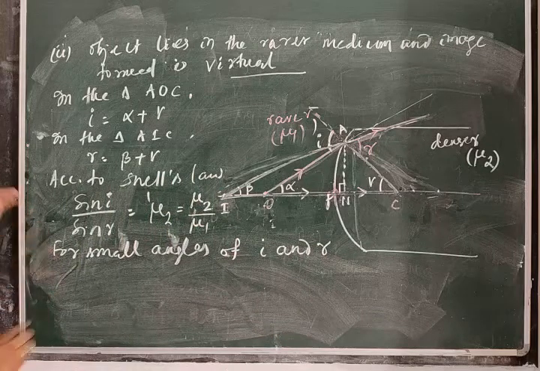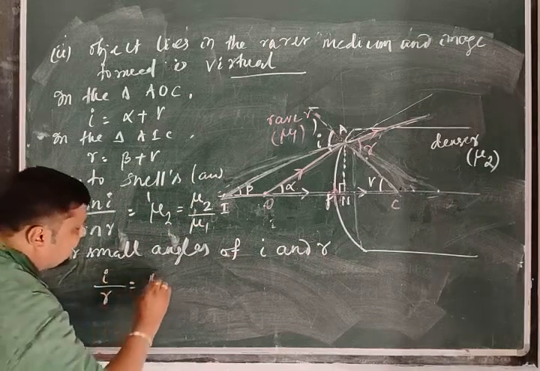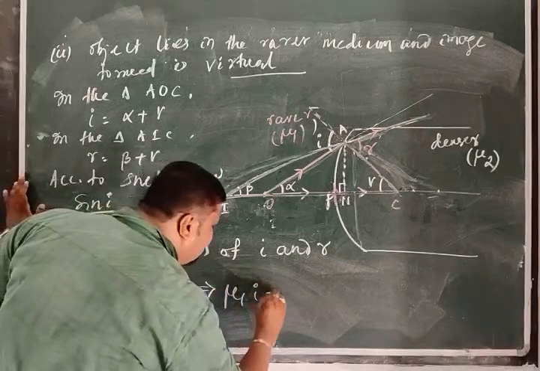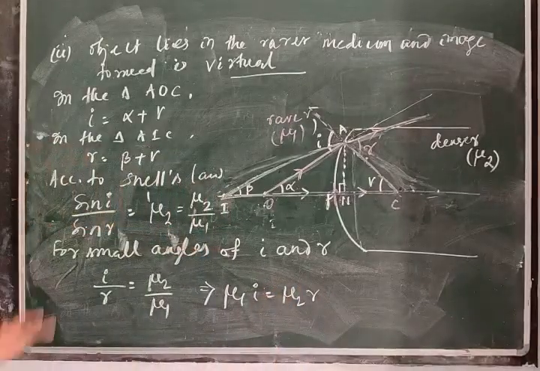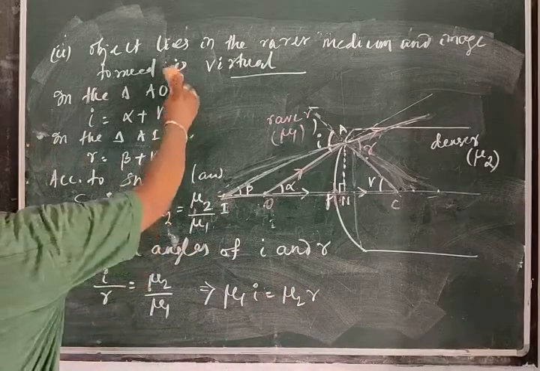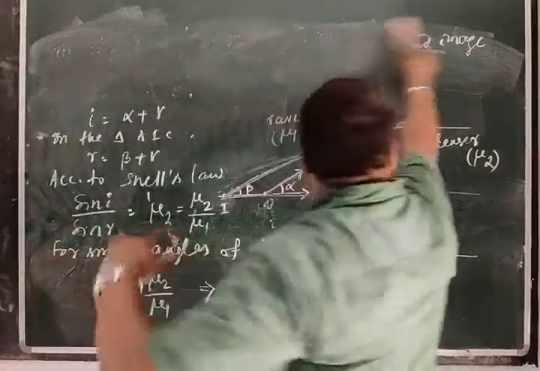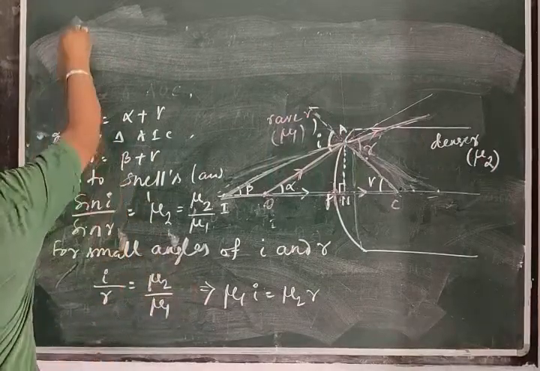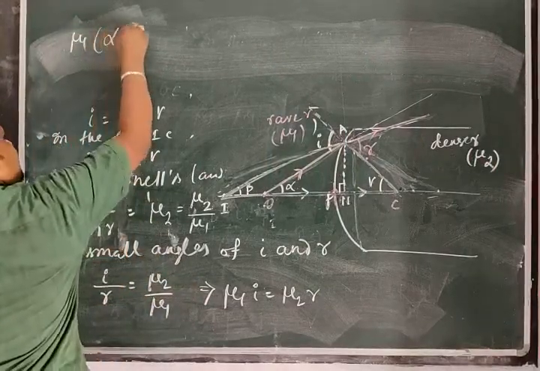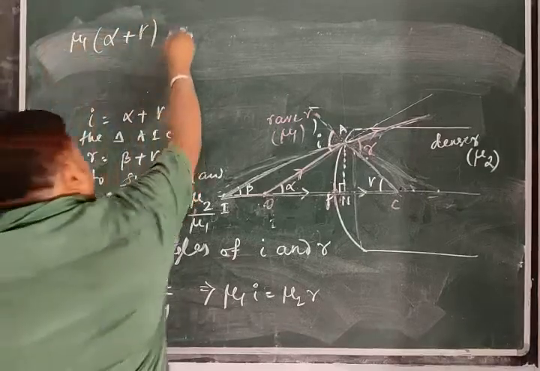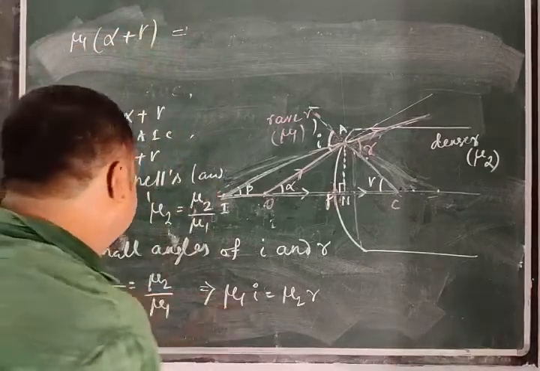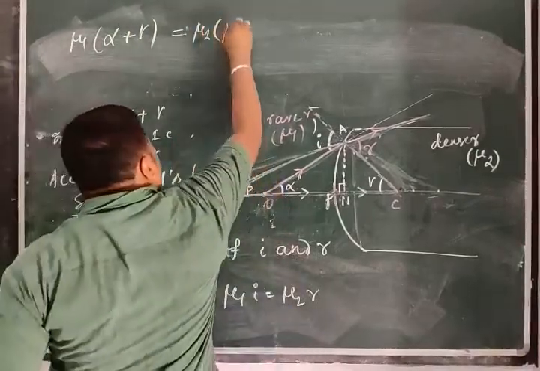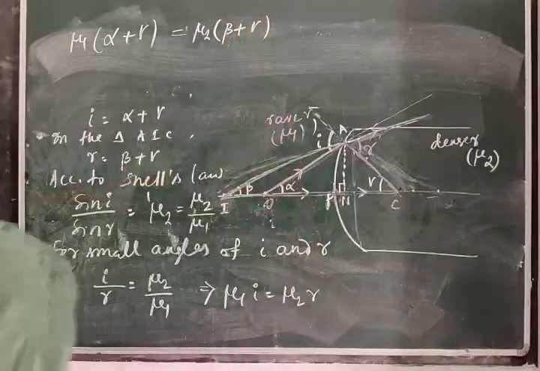That is I by R is equal to mu2 by mu1, or this implies mu1 I is equal to mu2 R. Now you put this I and R. mu1 (alpha plus gamma) is equal to mu2 (beta plus gamma). Clear?